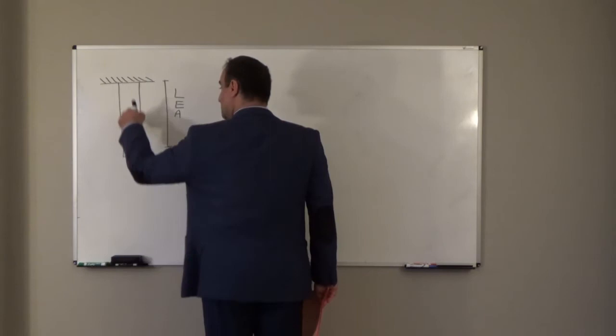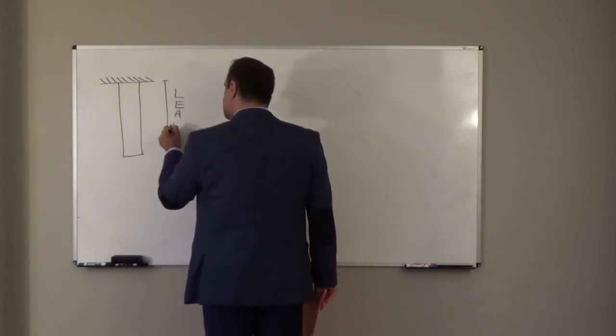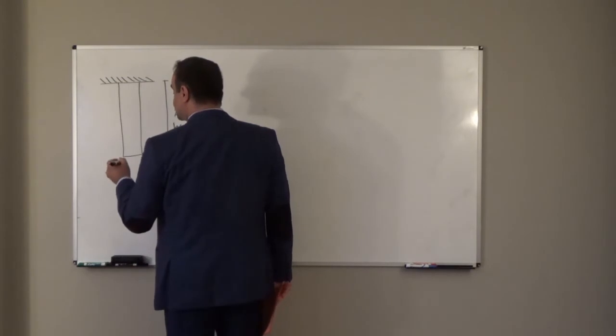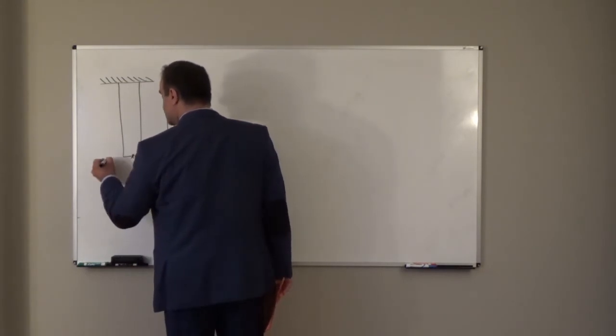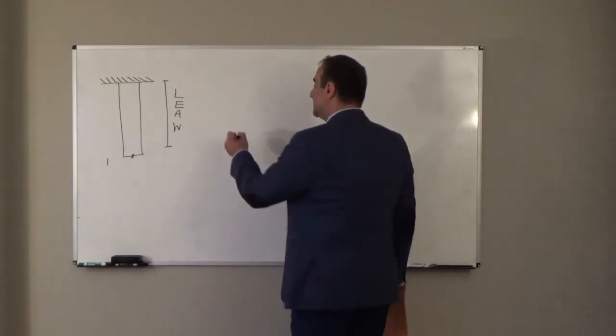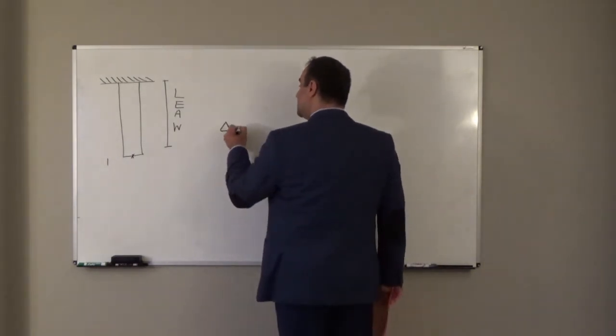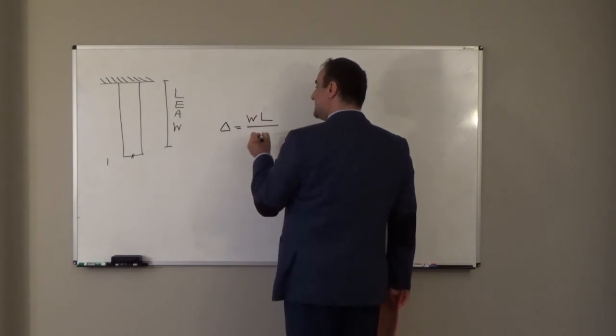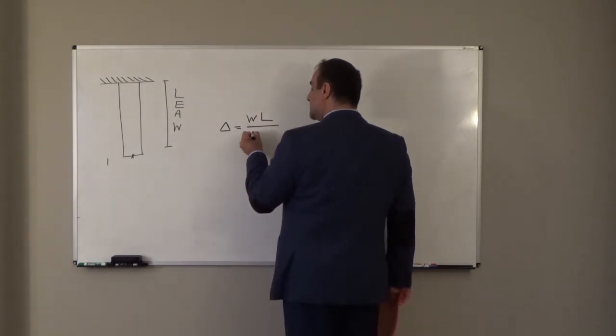The total weight of this rod is W. What will be the elongation of this rod? The elongation of this rod, or deformation at point 1, will be equal to total weight times length divided by 2EA.